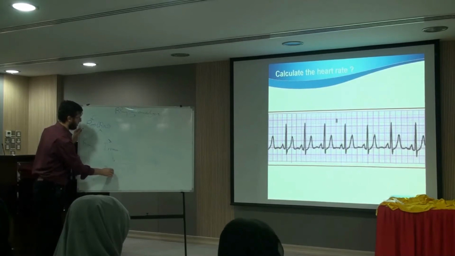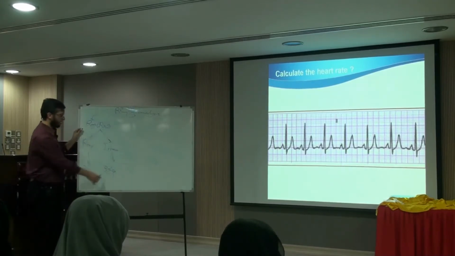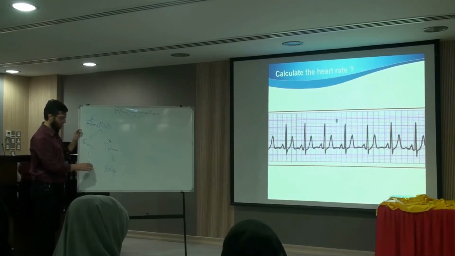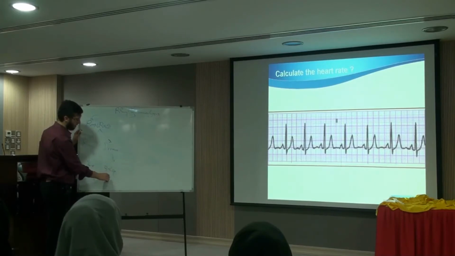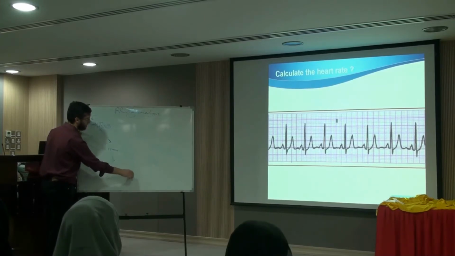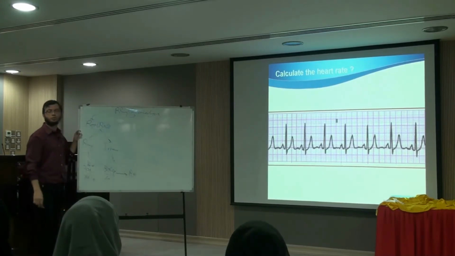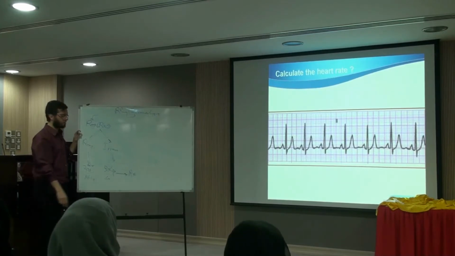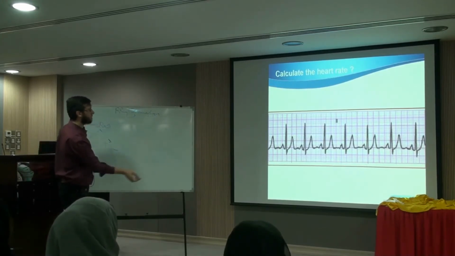30 large squares will be how many seconds? 6, because 300 large squares is 60 seconds. So this is 6 seconds. See in these 6 seconds how many R waves there are. See the number of R waves in these 30 large squares. How many? 7.